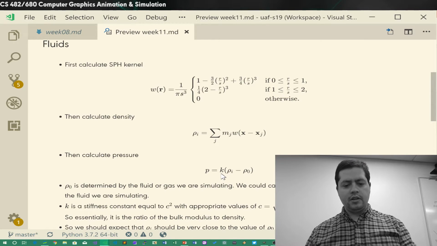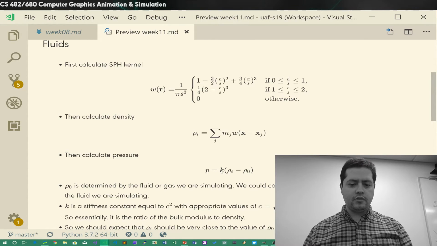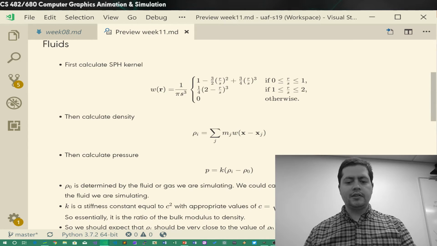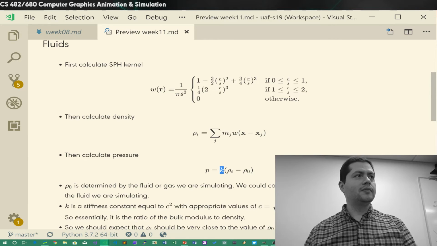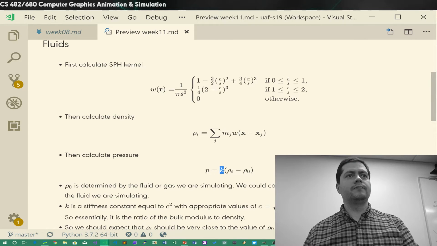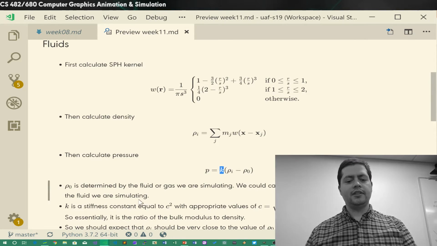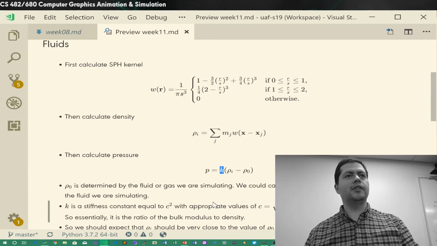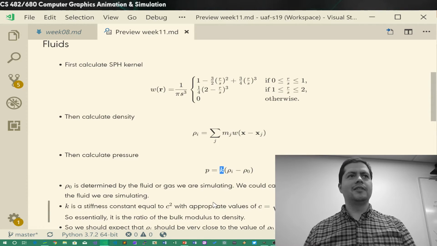What do you think our pressure over here, this P value, is going to equal? Is K going to be a number between 0 and 1? What do you think? Because when I think of a stiffness constant, I think, is that like 0 to 1?